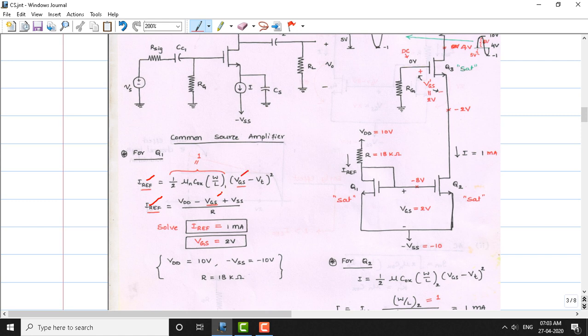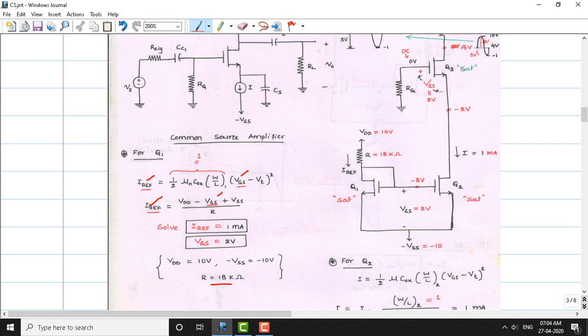That gives me the value of VGS as 2 volts, assuming the other resistance value as 18 kilo. So now we know the VGS value is going to be 2 volts from this point to this. VSS is taken as minus 10 volts here, minus VSS, and we assume that both transistors are going to be in saturation. There will be a common VGS for both Q1 and Q2.